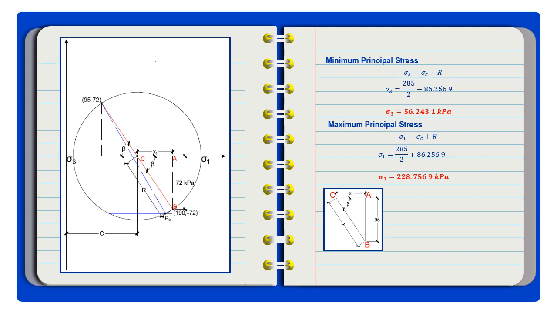We take this hypotenuse as the radius of the circle and the length of segment AC or CA is x sub 1. So, to get the value of beta, we will be using the sine function. So, that will be sine beta is equal to 72 over r. So, unknown yung beta natin.